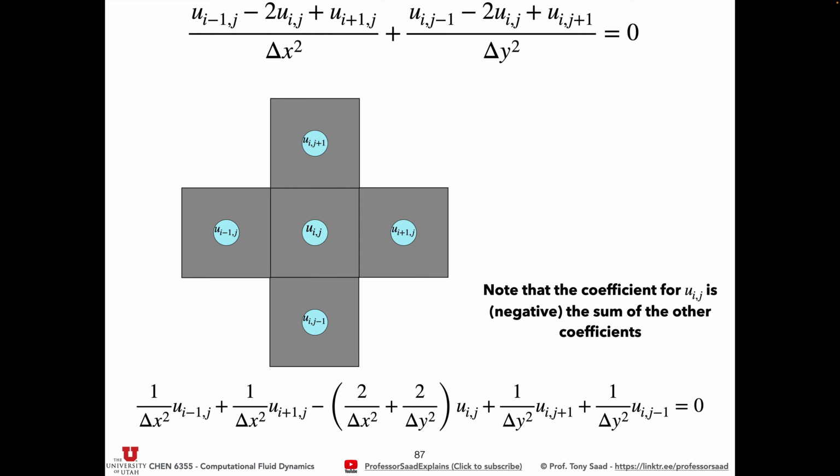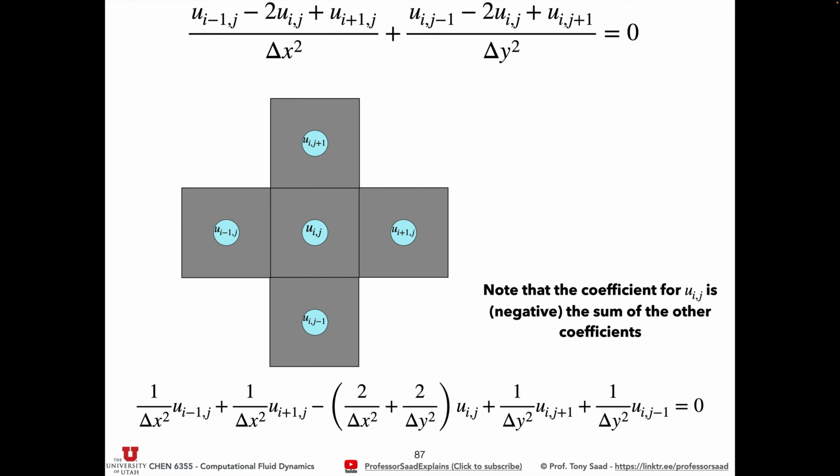And note that this is the discretization, and then we split it so that we have coefficient times unknown plus coefficient times unknown, etc. So this is the equation at point Uij. The equation at point Uij relates the information at that point to the neighboring points.